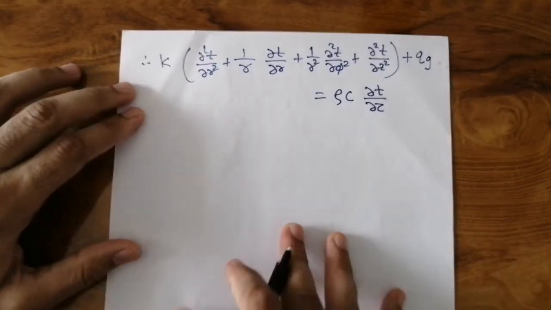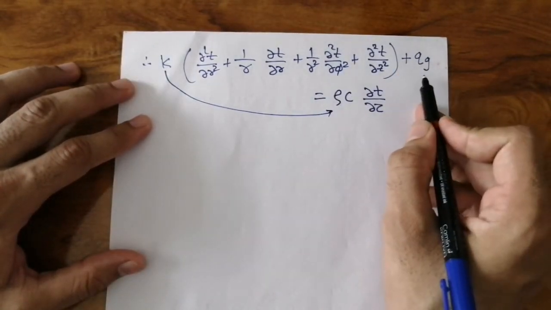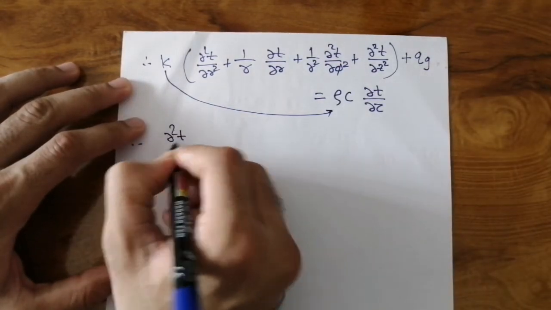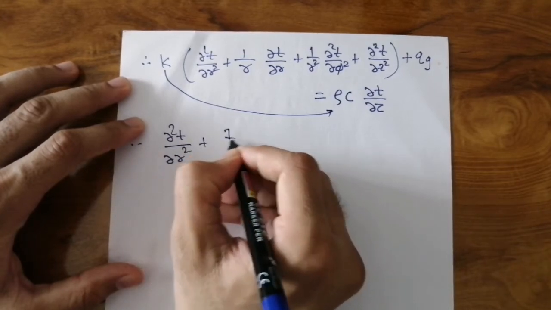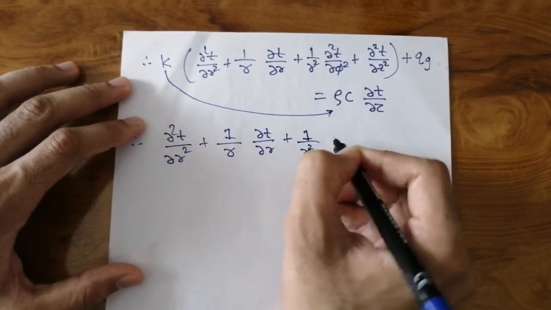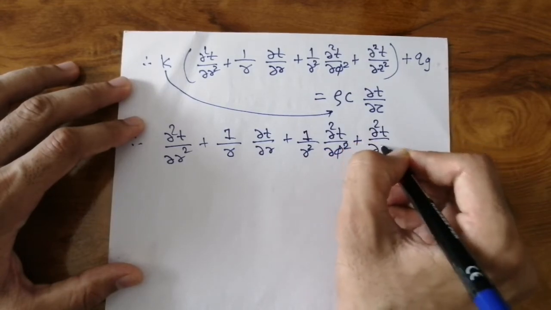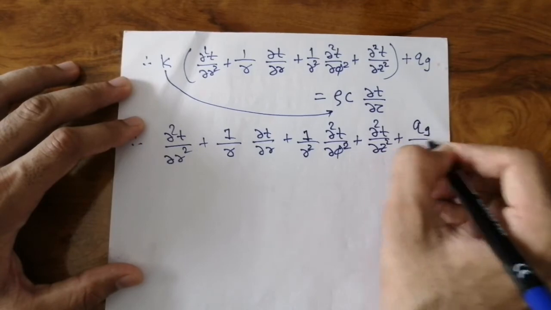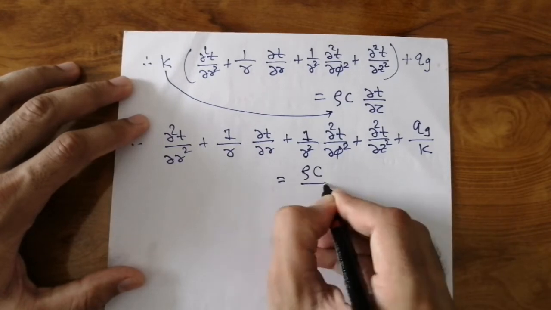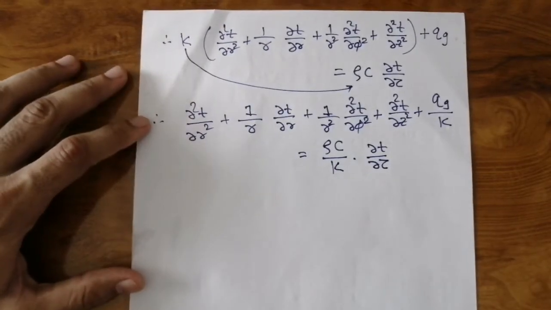Now taking K to this side, Qg is divided by K. So del square T by del r square plus 1 upon r del T by del r plus 1 upon r square del square T by del phi square plus del square T by del z square plus Qg by K is equal to rho C by K del T by del tau.